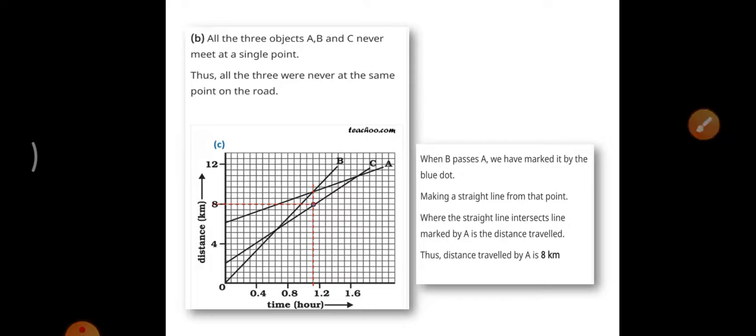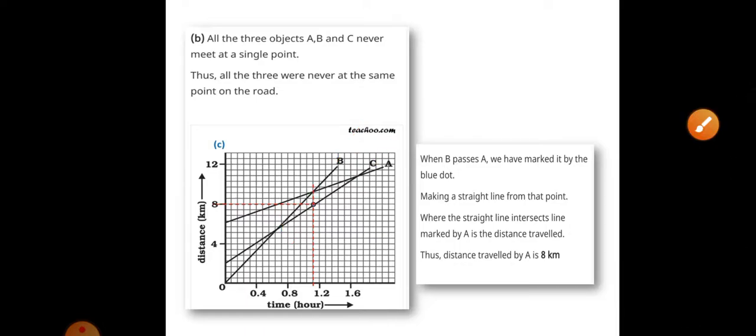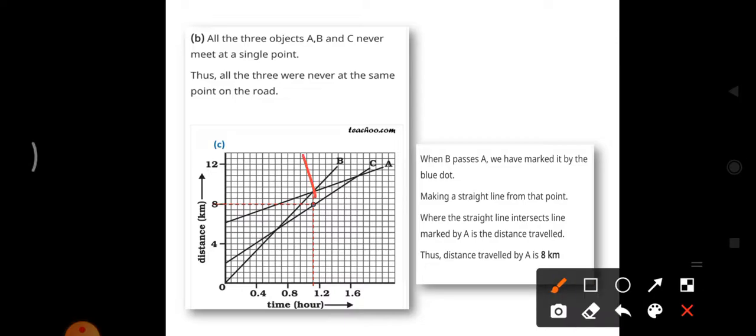The next question: did all the three objects ever meet at a single point? See, at this point B and C meet. At this point A and B meet.